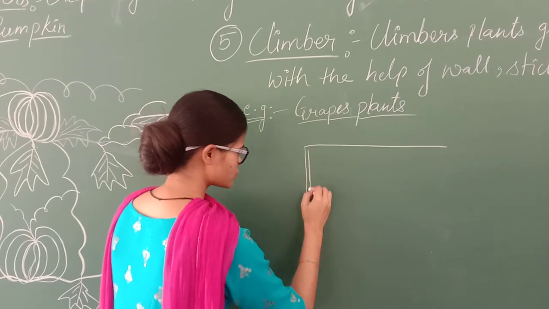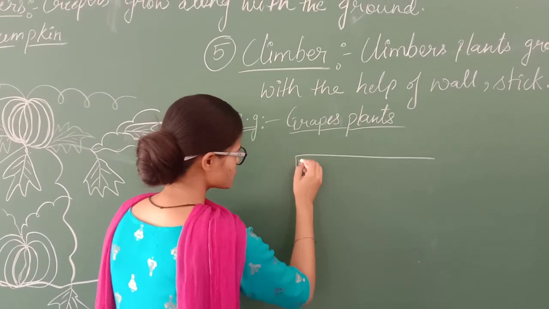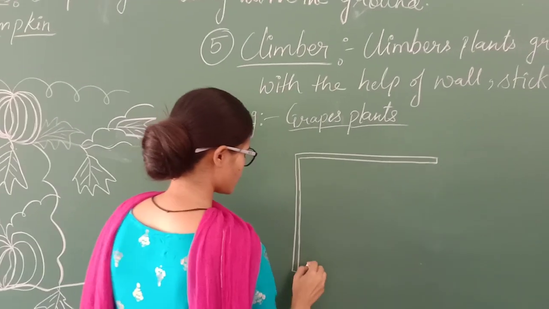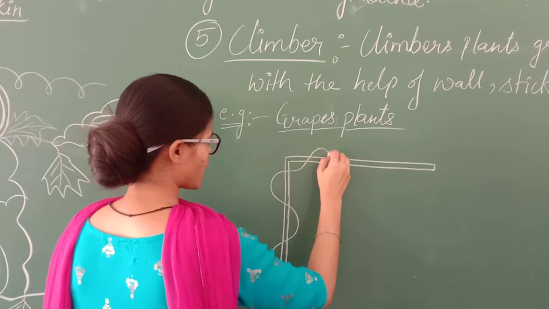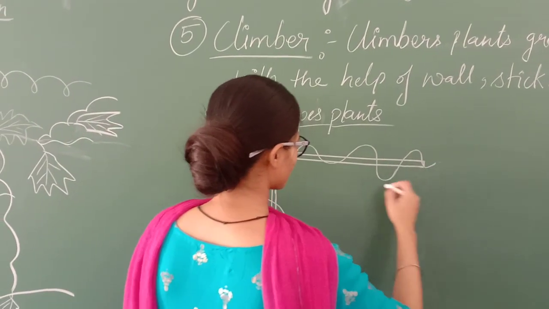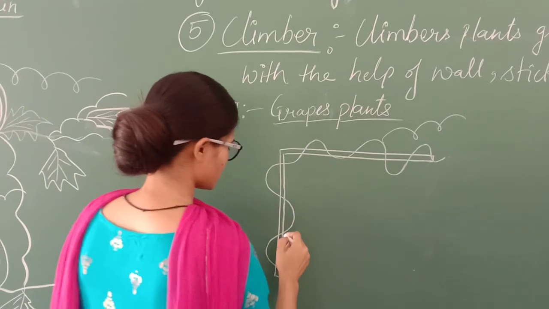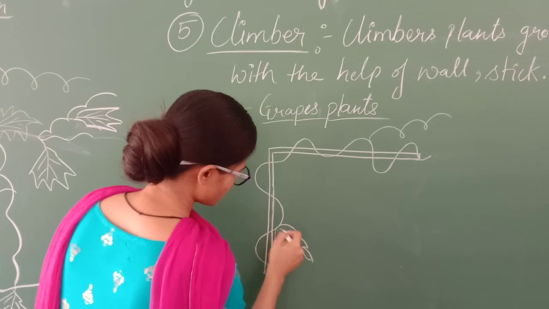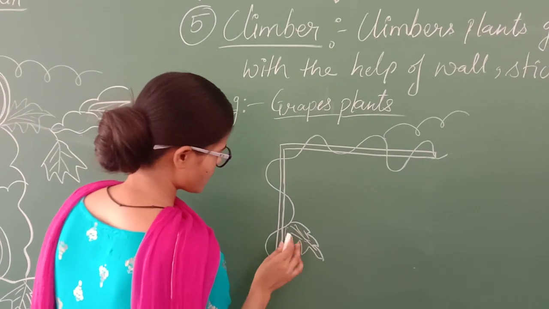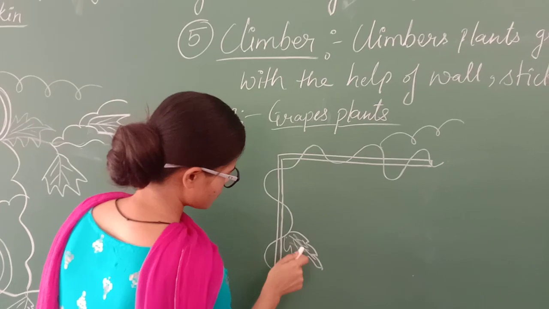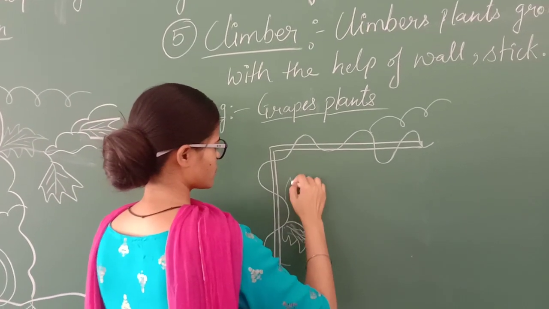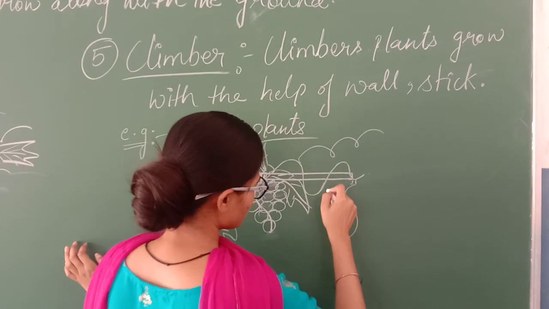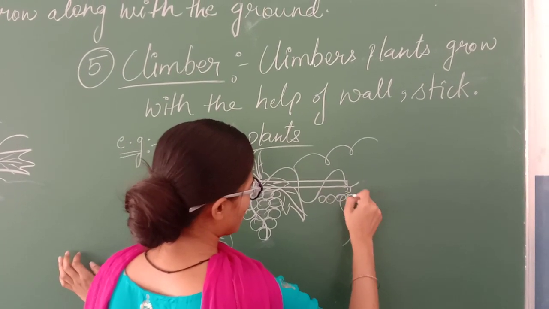So I have made this stick so that the grapes plant can take help. Okay? This is the plant. Okay? These are the leaves. Okay, so this is the grape plant. You can draw also how to make grapes.